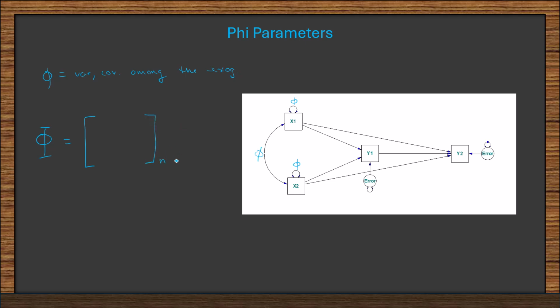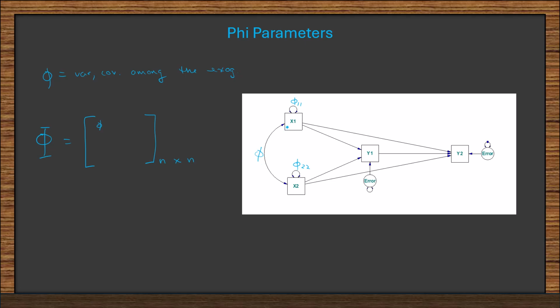That is an n by n, number of exogenous variables. The diagonal are going to be the variances of our exogenous variables. So you can see here we're going to put a phi here, and that's going to refer to x1. And so the subscript is going to be 1, 1, 2, 2 here, because they're the variances of the variable, which is a covariance with itself.